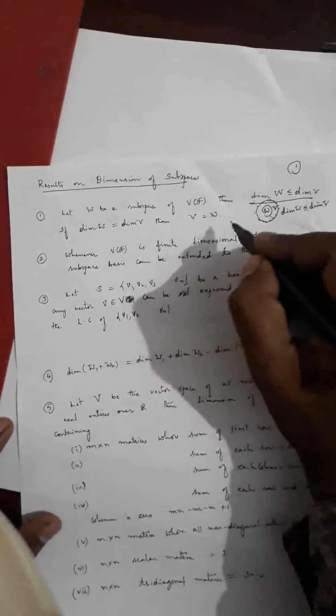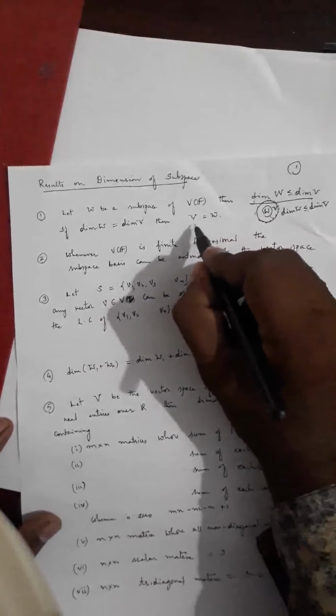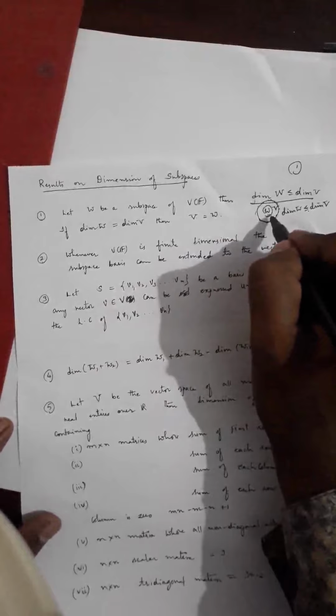So every vector space is a subspace of itself. So dimension of W is less than or equal to dimension of V.